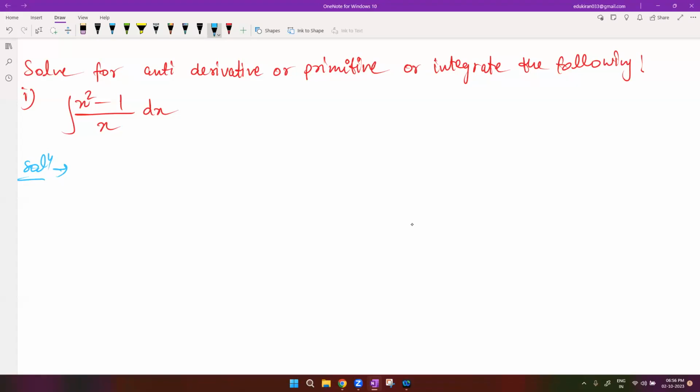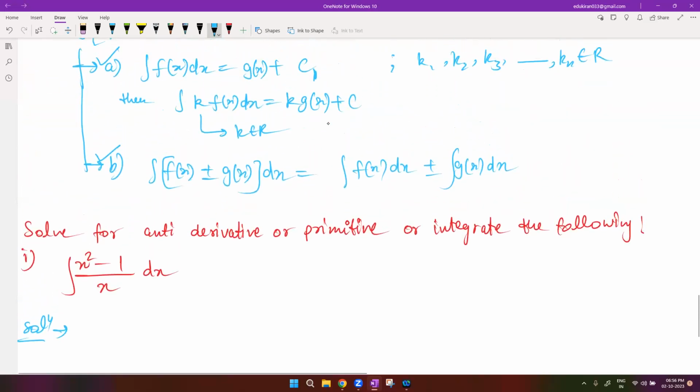So first of all, we see that there is a division here. We are dividing the whole thing by x, but we have not studied any rule for division.